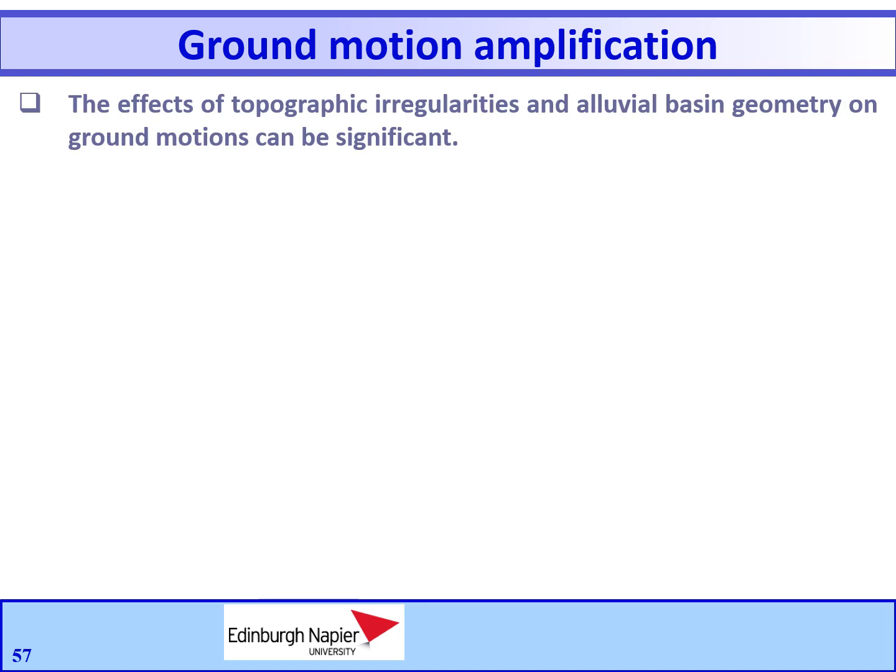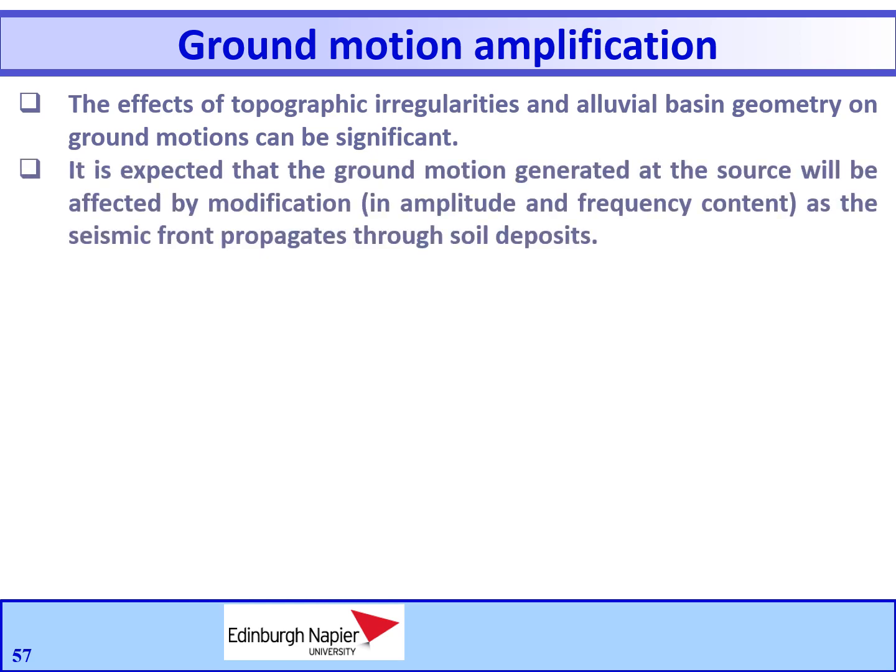The presence of soil overlying bedrock modifies the excitation in a complex manner with conflicting effects dependent on dynamic characteristics of the soil layers and the strength of excitation. The effects of topographic irregularities and alluvial basin geometry on ground motions can be significant.